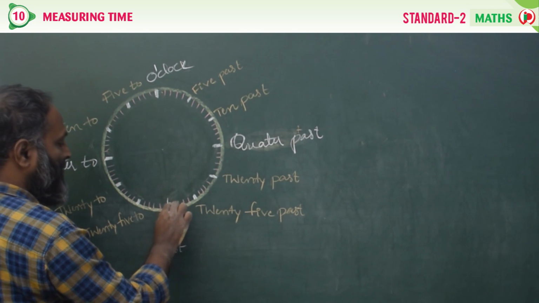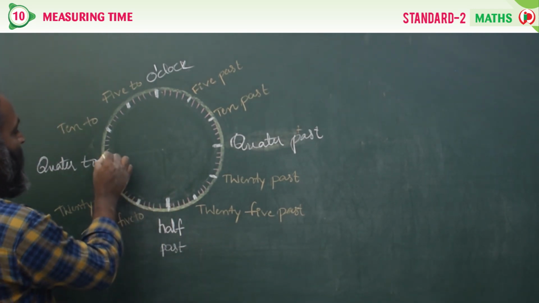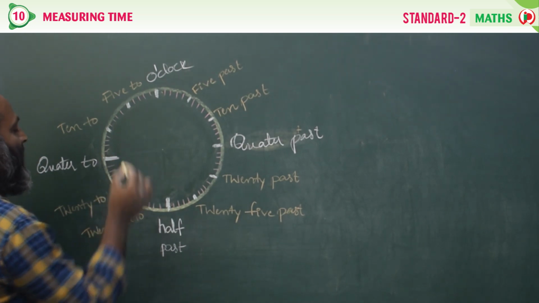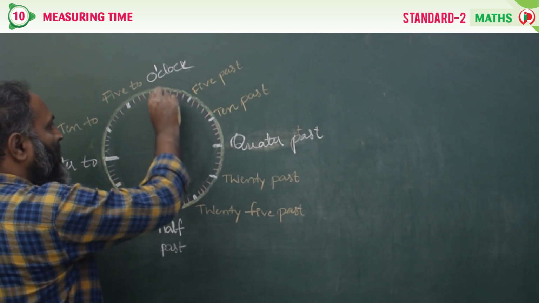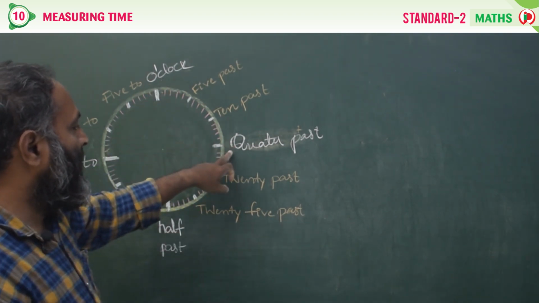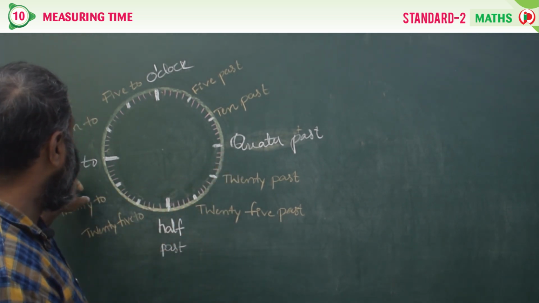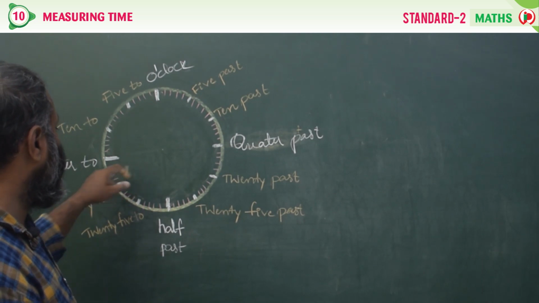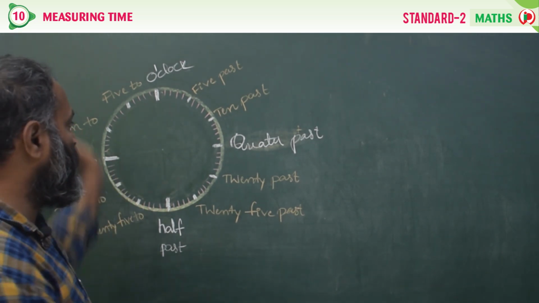If the minute hand is at 6, the time is half past. If the minute hand is at 9, the time is quarter to. This we discussed.